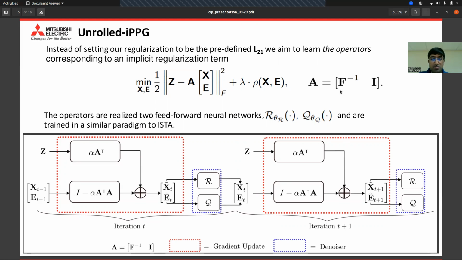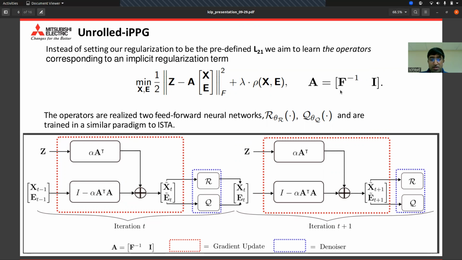Therefore, we can use the same training paradigm as ISTA, where we solve for X and E using alternating gradient update steps, which are in the red box, followed by proximal operations, which here we call denoisers, where we pass X through the feed-forward neural network R, and E through the feed-forward neural network Q. We run these alternating gradient and denoiser steps for capital T iterations before we compute an MSE loss between our reconstructed pulse signal X and the ground truth pulse signal.